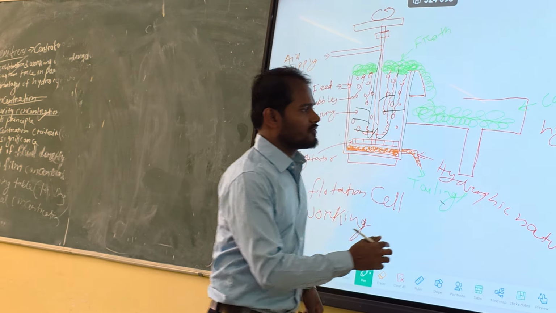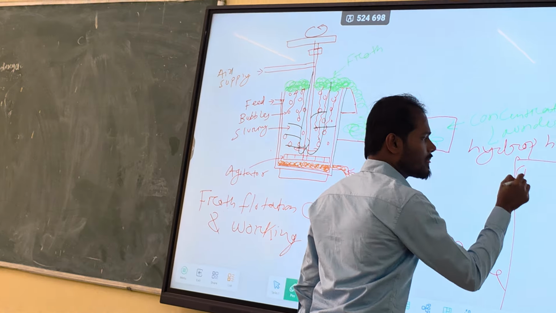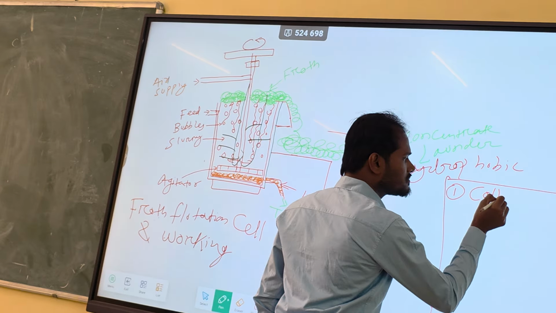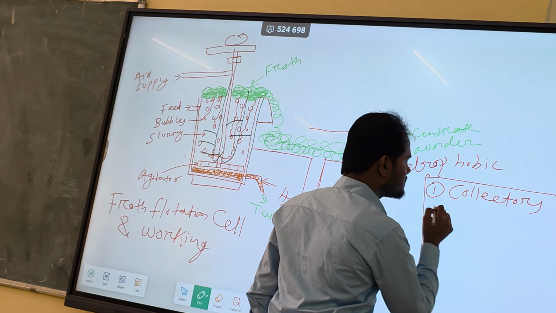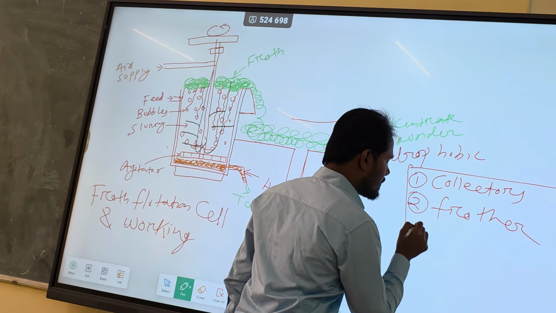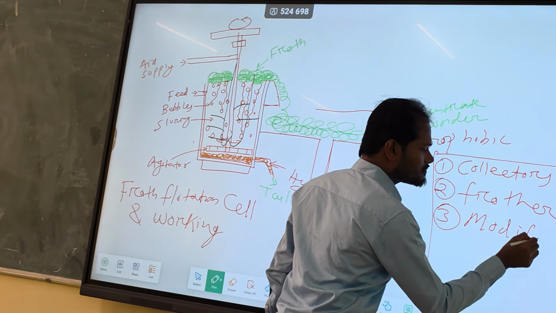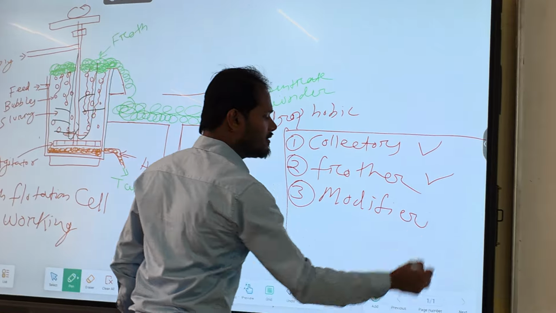Fine. So we discuss what the chemicals are. One is collector, second one is frother, and third one is modifier. We discuss these two today.